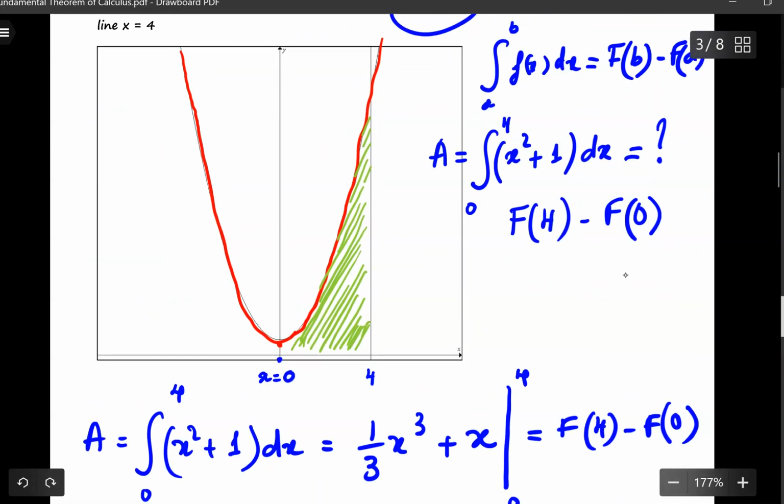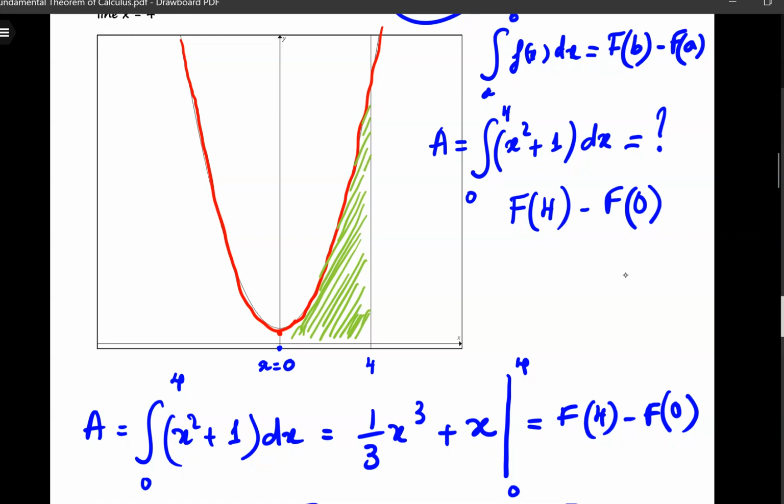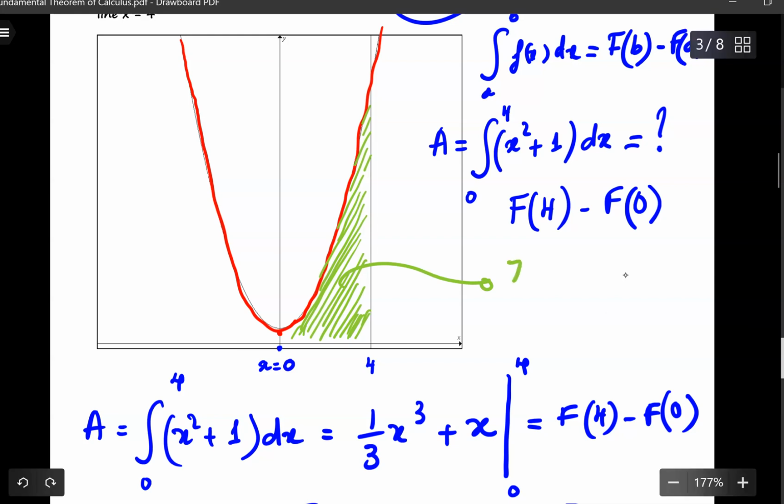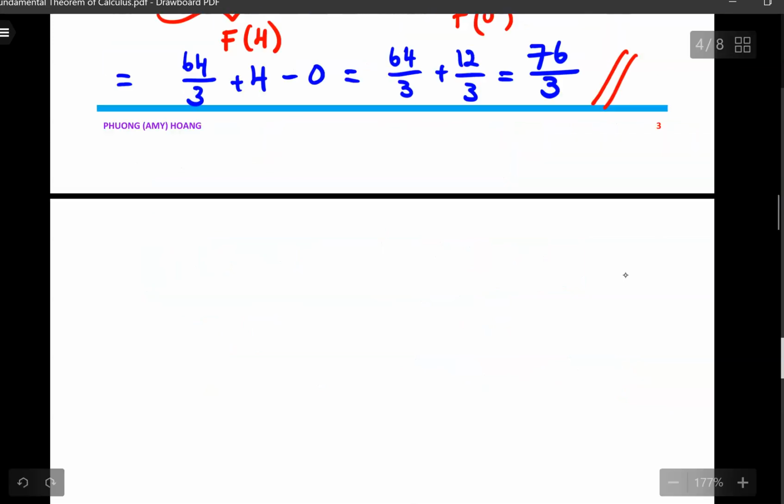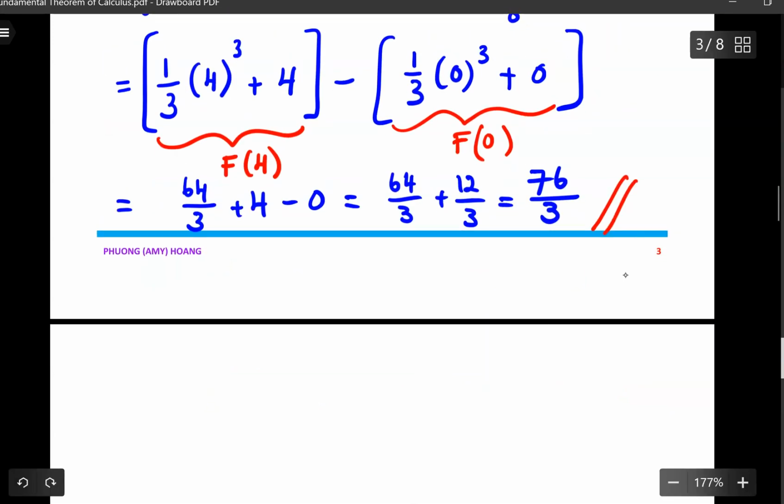And this curve is continuous between the points 0 and 4. So this green area that I indicated should be equal to 73 over 6 unit square. All right? Okay, so far so good.